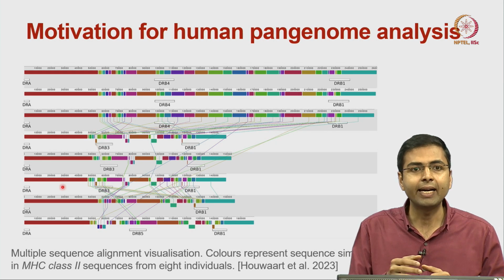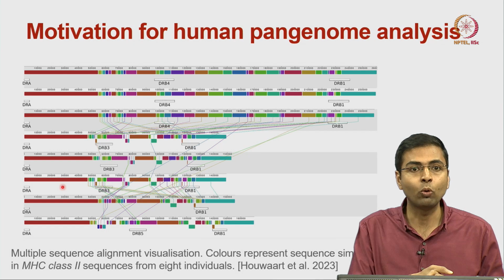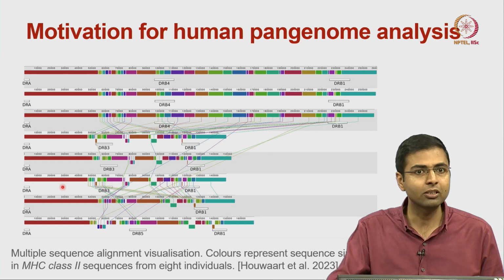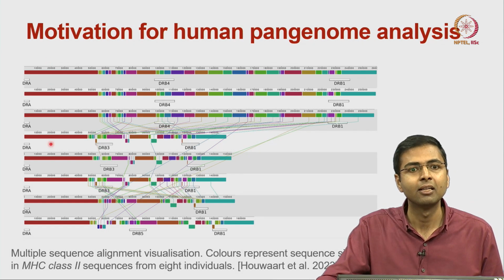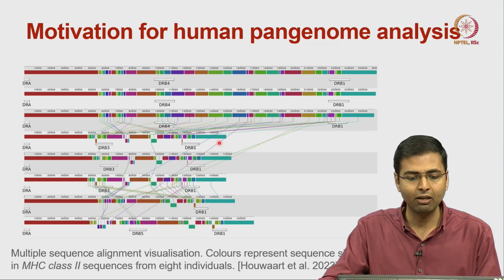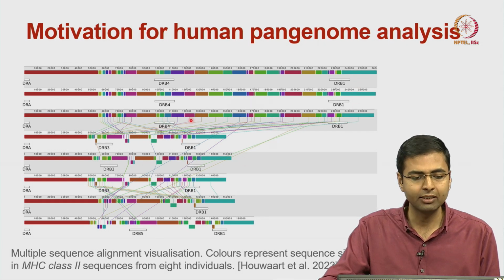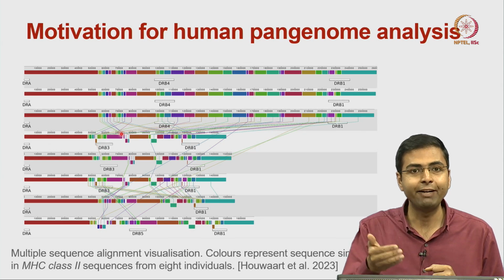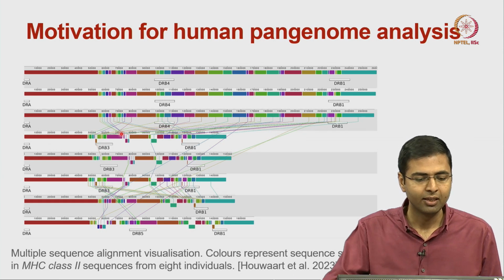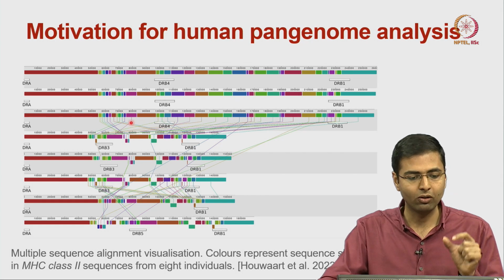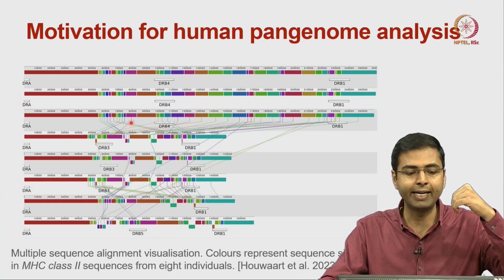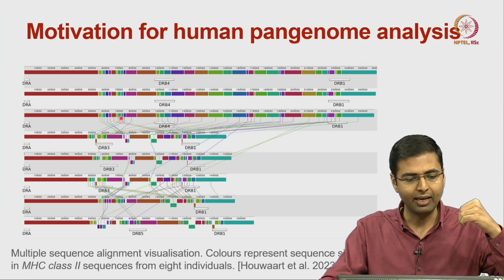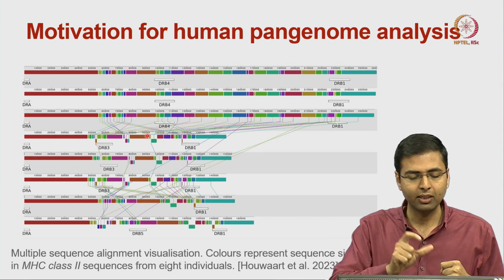For example, you can see that the left hand side of the sequences, shown in red, is well conserved across all 8 individuals. Similarly, the rightmost side is well conserved in all individuals. However, if you look at the middle portions, this is where you see a lot of changes happening from one individual to another. These colored segments indicate the similar segments across different individuals, and these lines indicate the relationship across different individuals.